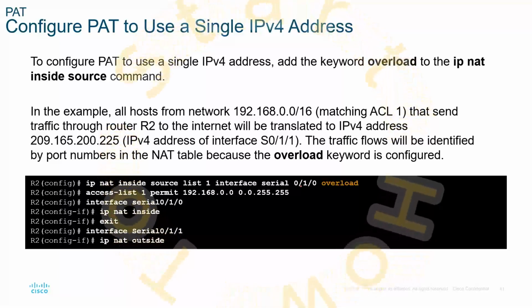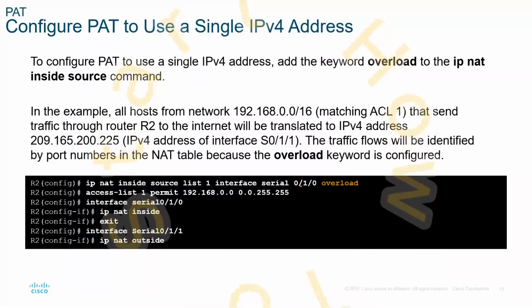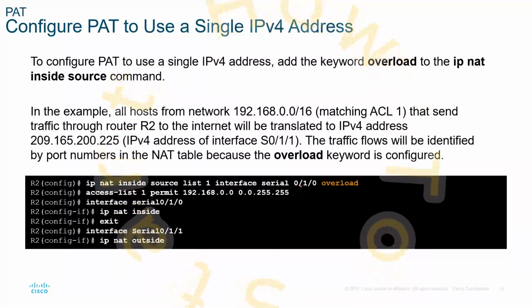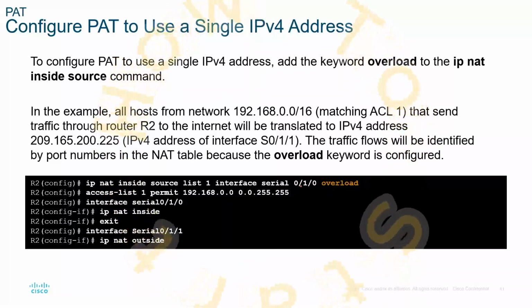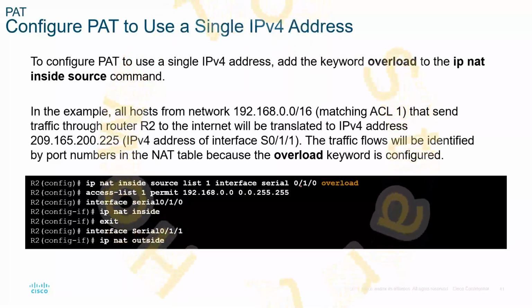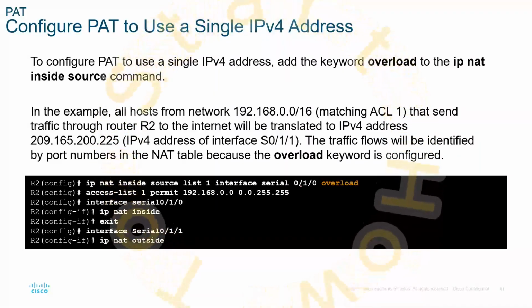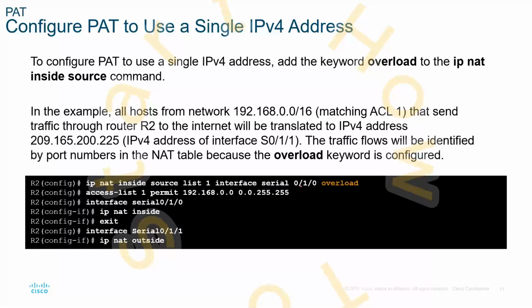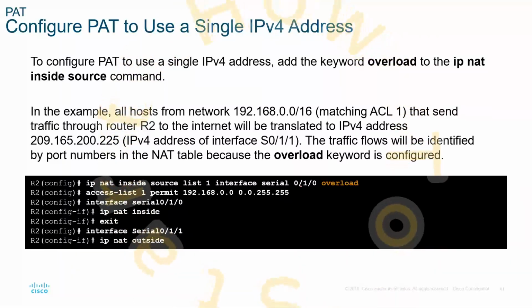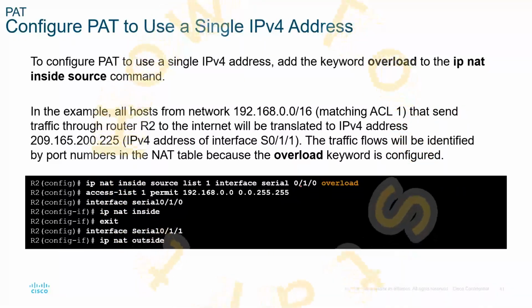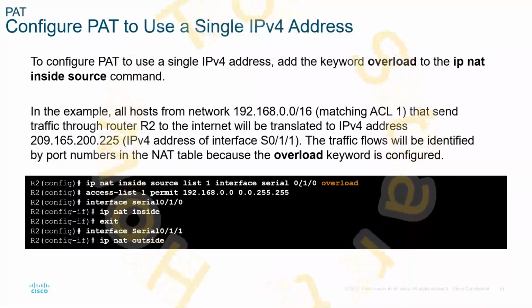We'll be setting up an IP NAT inside source, setting up the appropriate ACL, but this time we're giving it an interface, and we're also issuing an overload command. The overload basically says we're allowed to overload how many addresses we have. We may only have one public address, but we're going to overload that public address with multiple ports.